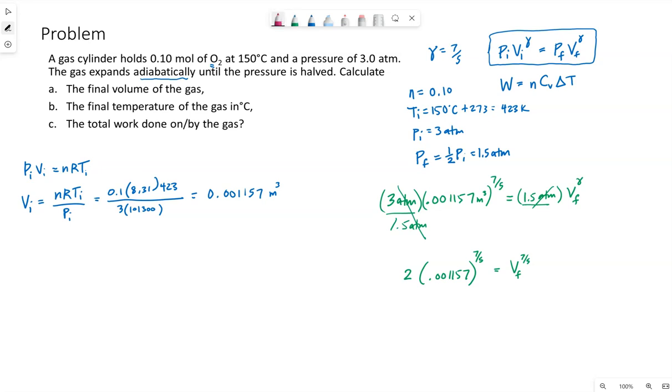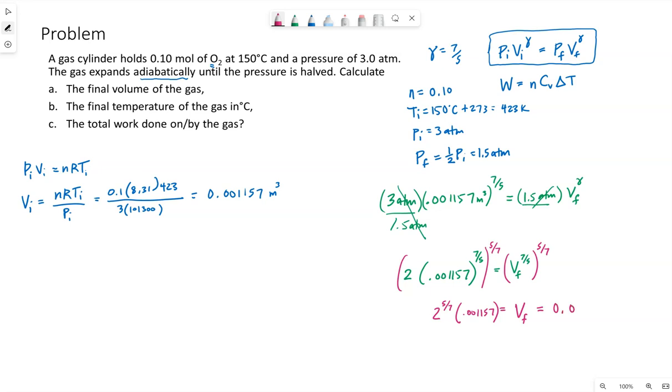All right, so to get rid of the 7/5 power, I can take both sides to the inverse of that, the 5/7 power. So I end up with V final equal to 2 to the 5/7 power times this volume. Once I take the volume to the 7/5 power and then again to the 5/7, those powers cancel.